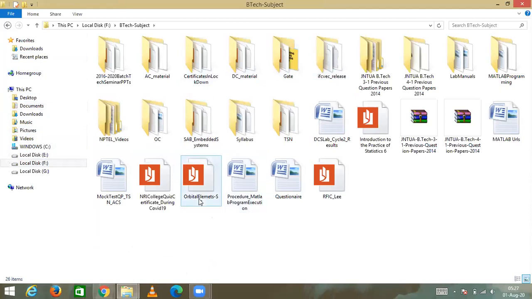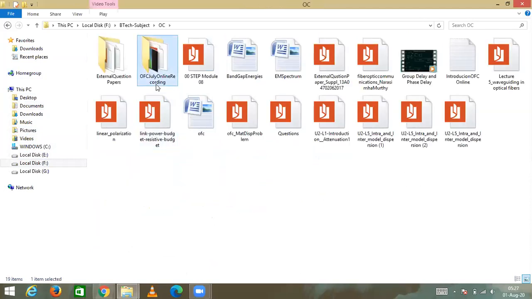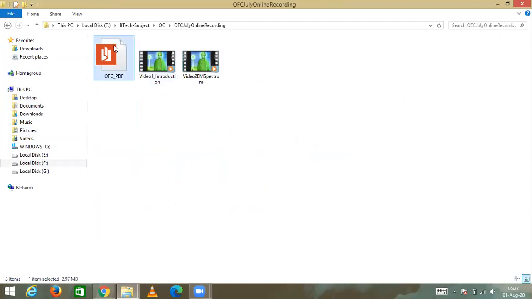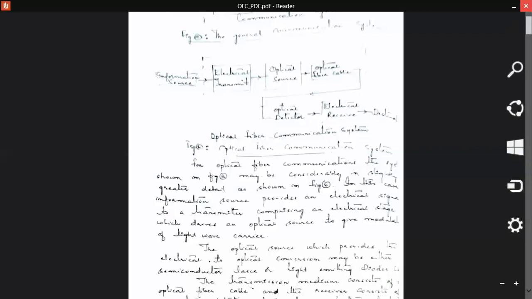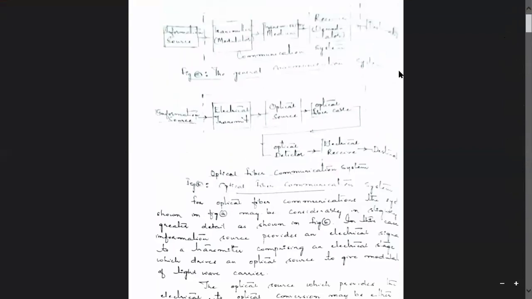In that block diagram, a total of three blocks exist. The first block is the transmitter, the second block is the communication channel, and the third block is the receiver. You could have discussed this earlier, whether for analog communication or digital communication systems.